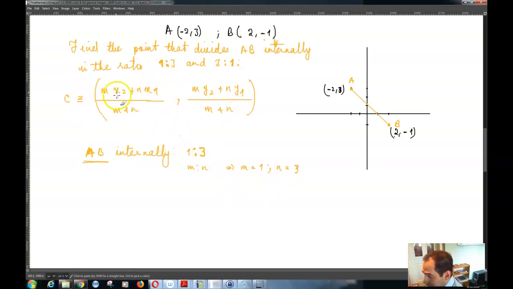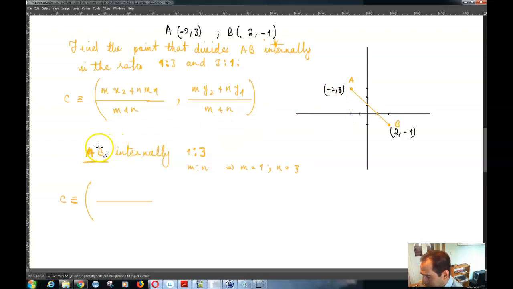So if I use the same formula here, the coordinates of the point C would be, m is equal to 1 and n is equal to 3. So m times, now you need to pick your x1 and x2.